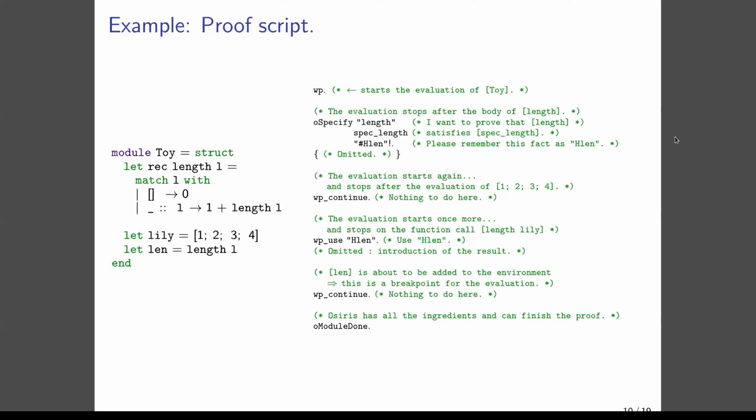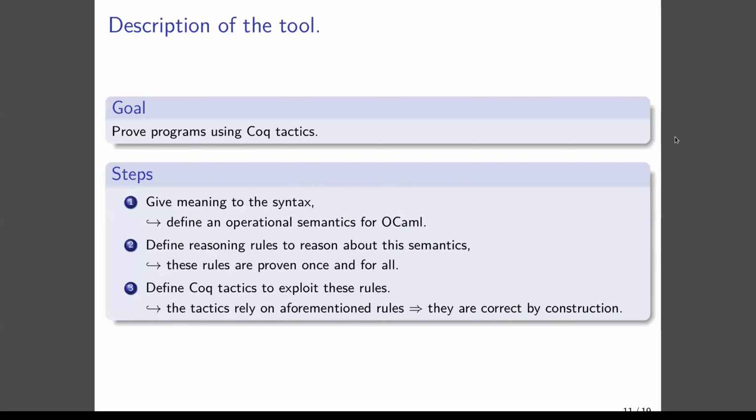Afterwards, we get an OCaml value representing the module, and we need to prove that this value satisfies the post condition we set, which is trivial here because obviously the module contains a length function, and we have already proven its specification.